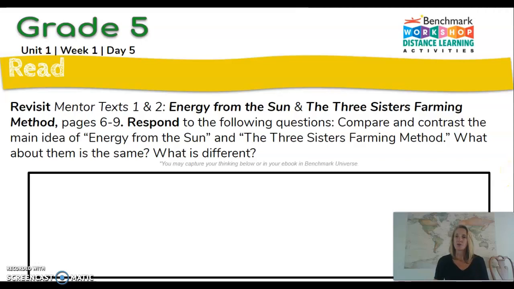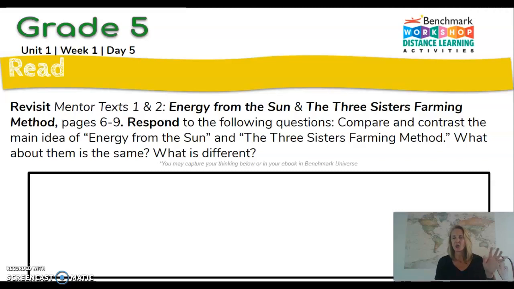All right, so your book, remember your mentor text has the fish on it. We're going to be using the first two mentor texts, the energy from the sun and the three sisters farming method, right? And you should probably go back and reread both of them.